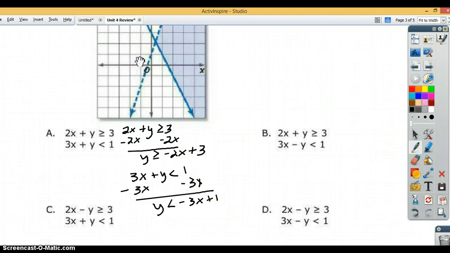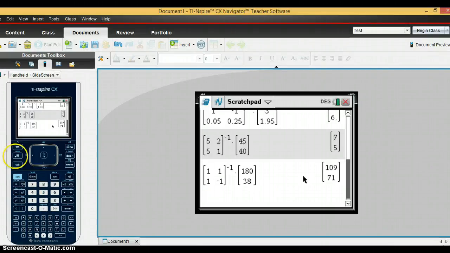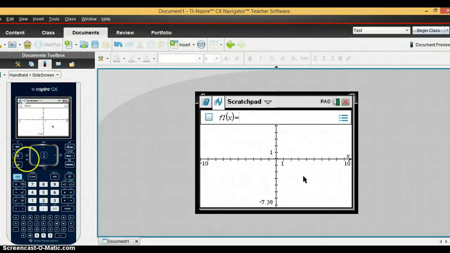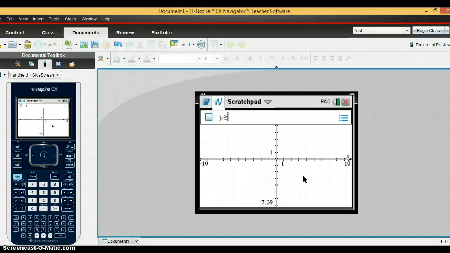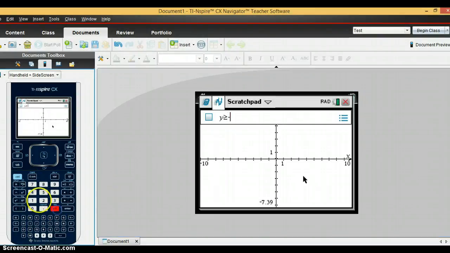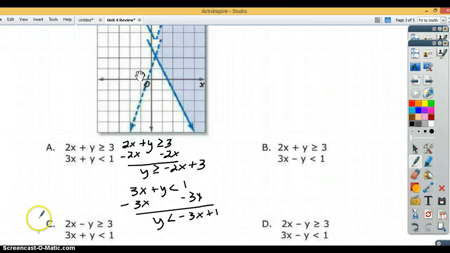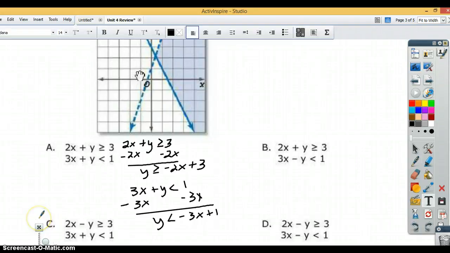So now we're going to graph those. So if we press this button right here, it takes us to our graph. So our first one is greater than or equal to, which is 5, and it's negative 2x plus 3. Whoops. Wrong button.